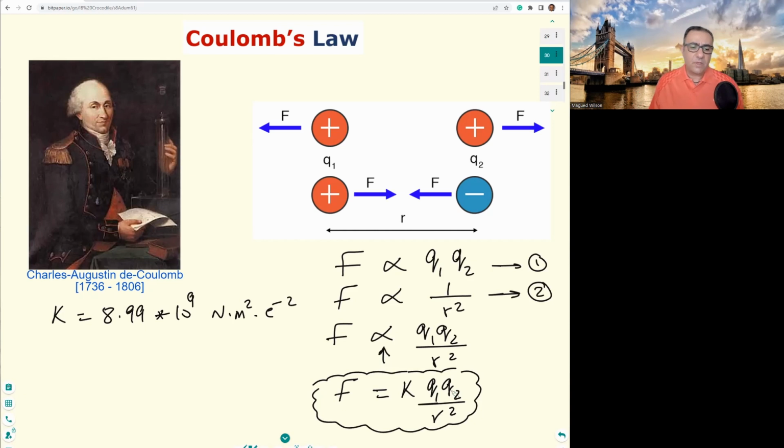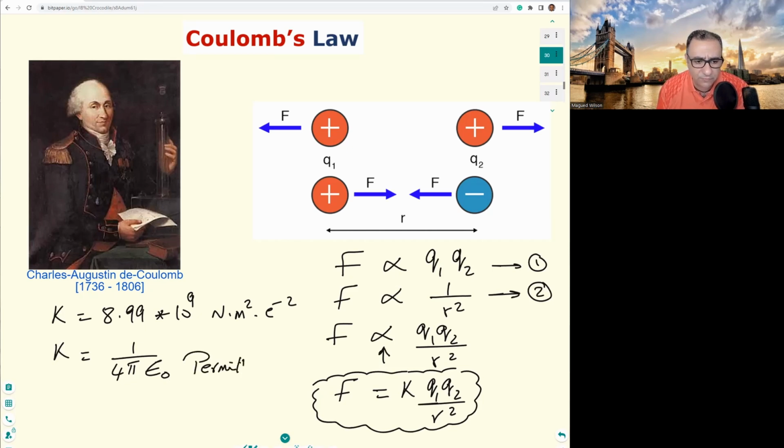Now, a very important remark: this value is used only if the medium between the two charges is air or vacuum. Why is that? Because K actually has a relationship with the permittivity. So K is actually 1 over 4 pi epsilon naught. This Greek letter is called epsilon, and epsilon naught means the permittivity of free space.